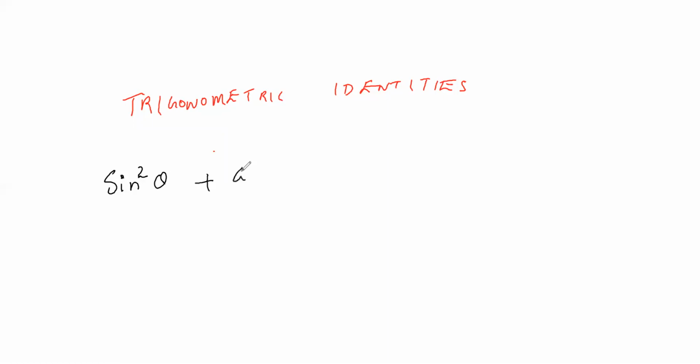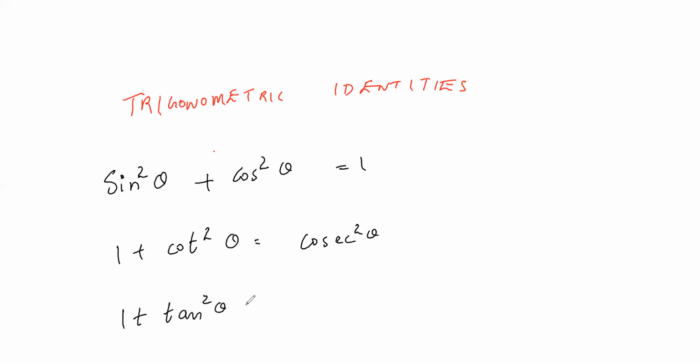Sin square theta plus cos square theta is equal to 1. Then 1 plus cot square theta is equal to cosec square theta, and 1 plus tan square theta is equal to sec square theta.